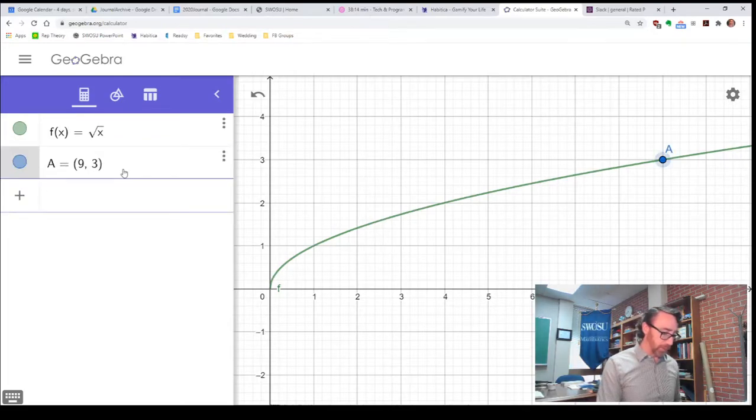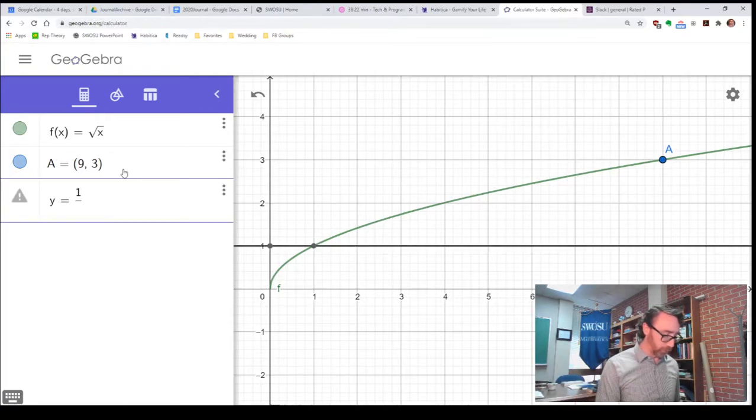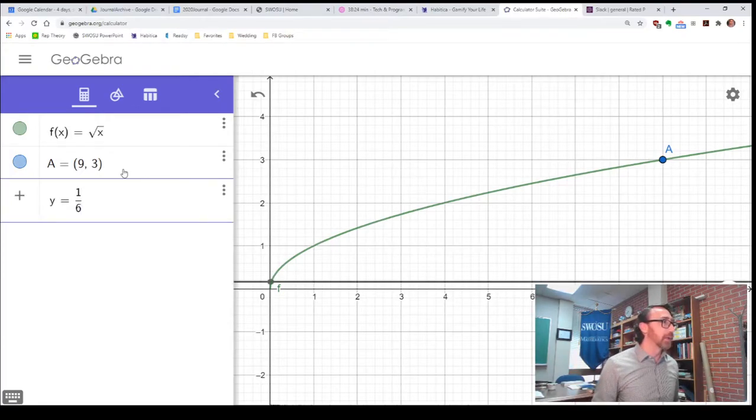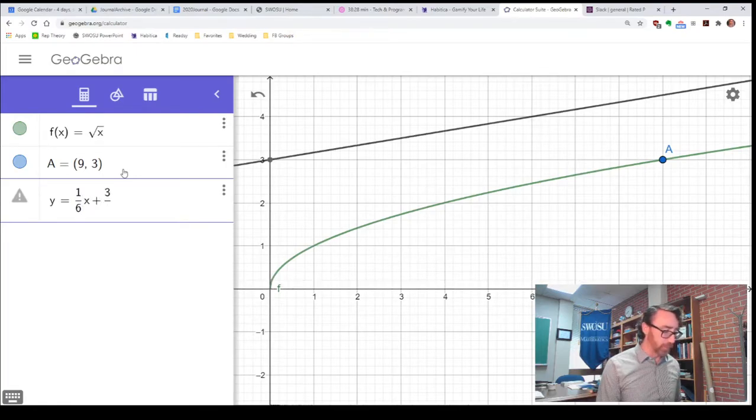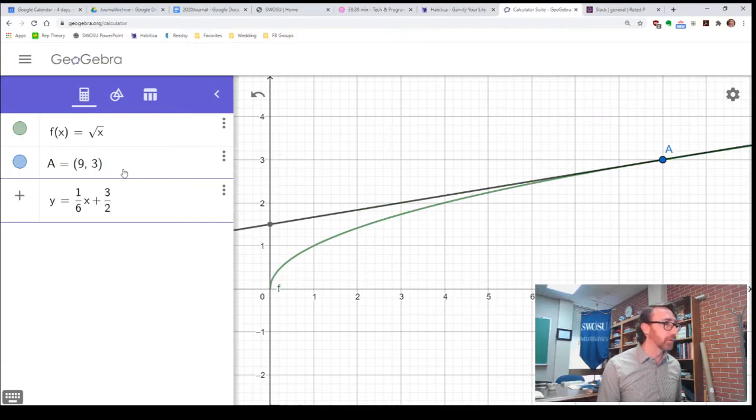We found that the equation of the line tangent to the graph of y equals square root x was supposed to be y equals 1/6 x plus 3 over 2. Let's see how we did. Okay, it looks pretty darn good, right? That is very close to the graph of our function at that point.